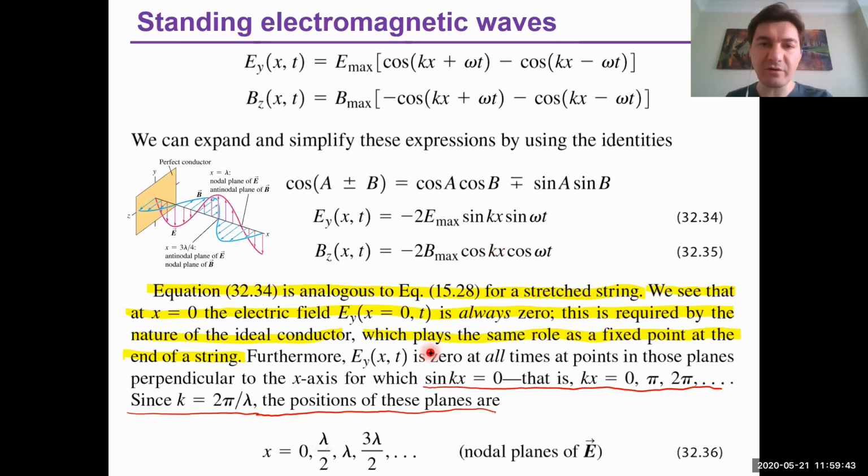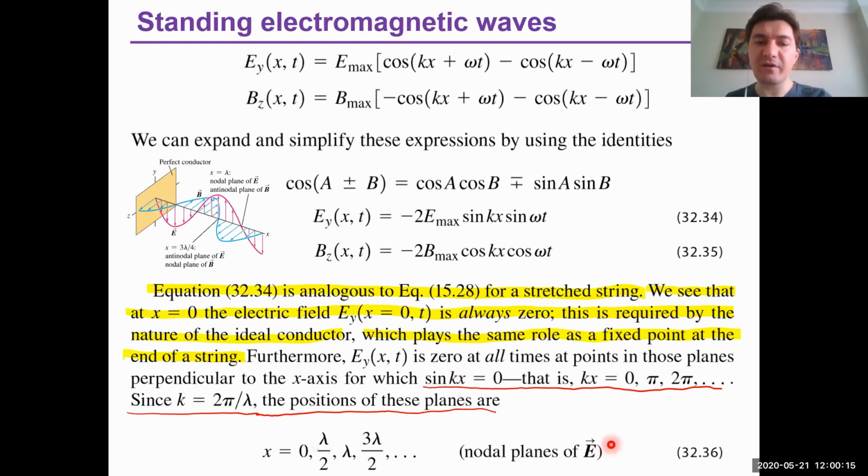So now let's continue. Sin kx is 0 when kx is 0, or when kx is pi, or when kx is 2 pi, okay? So if x takes these values, 0, lambda half, lambda, 3 lambda half, then sin kx is 0, and then the electric field is 0.